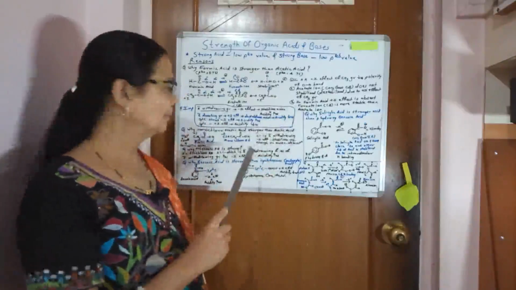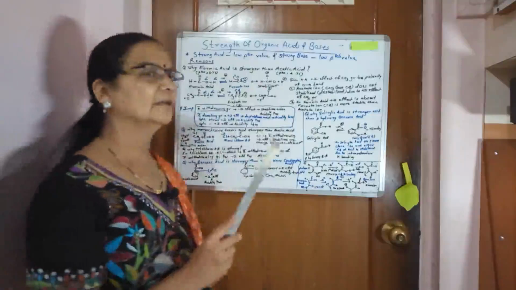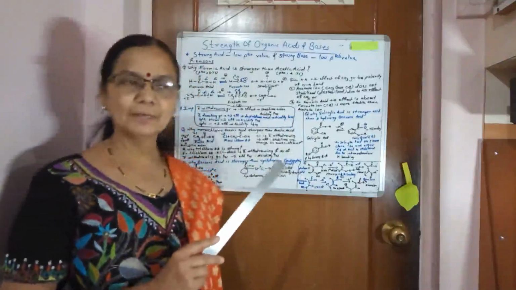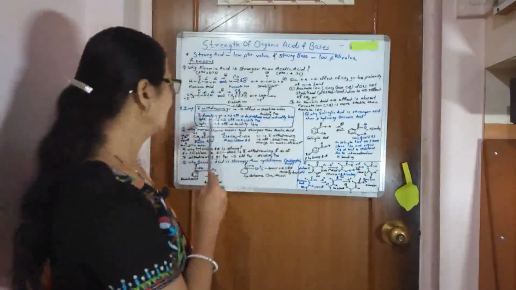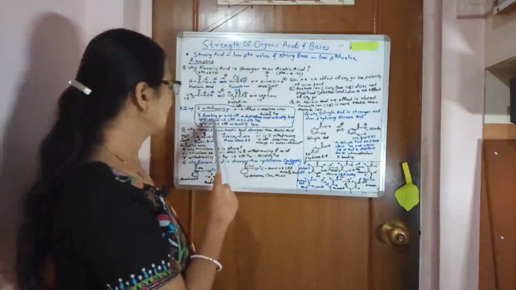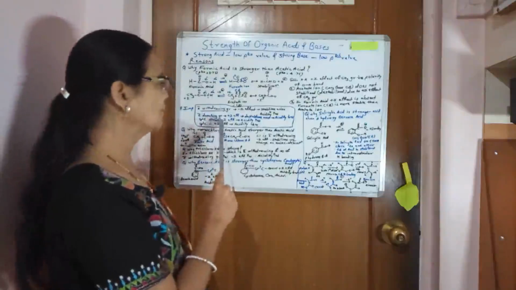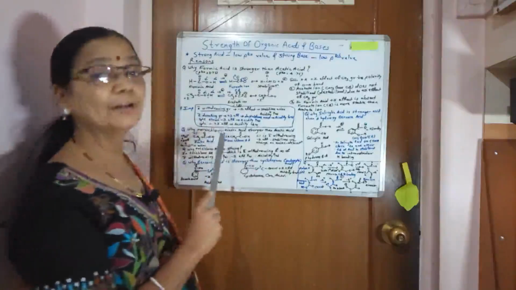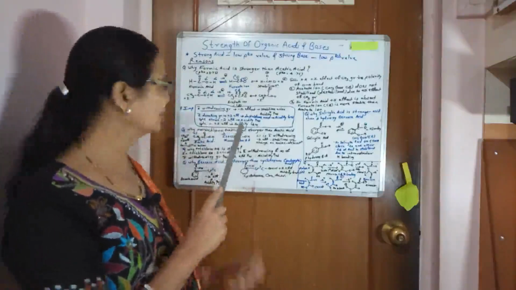Then another important thing, if there is an sp2 carbon, means a carbon containing a double bond, maybe in the ring, that sp2 carbon always exerts a minus I inductive effect, an electron withdrawing inductive effect.